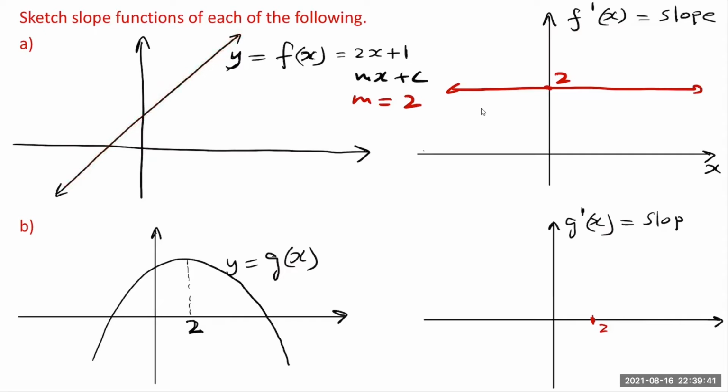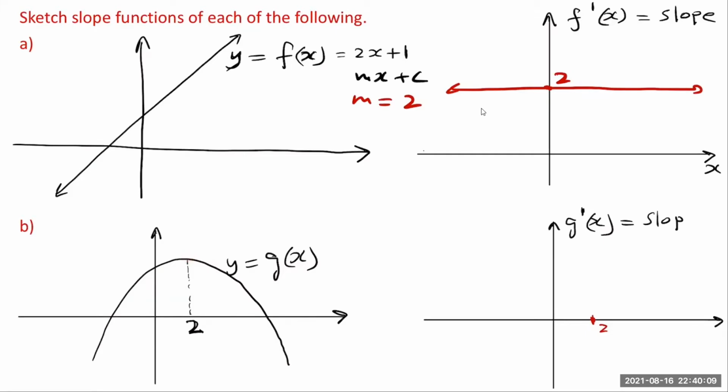Now let's try to draw the slope function for this particular graph given to you. Let's say this graph is the graph of the function y equals g of x. How do you draw the slope function for this function? Well, first of all, notice that at x equals 2, what is your slope?